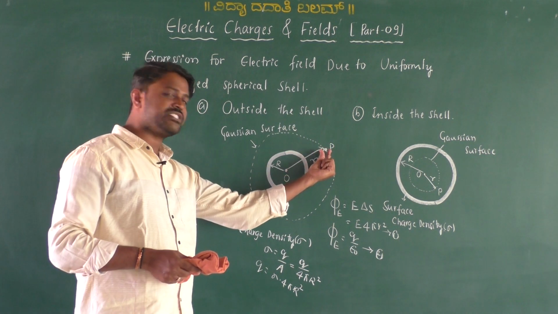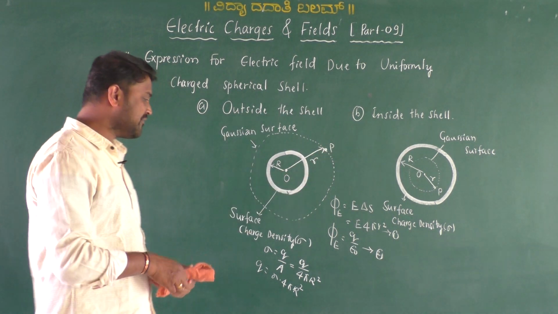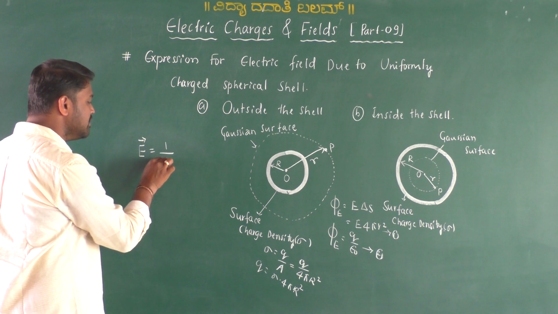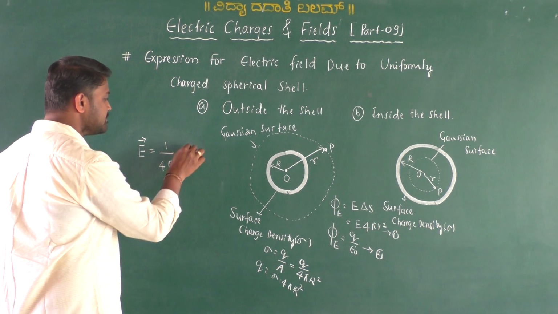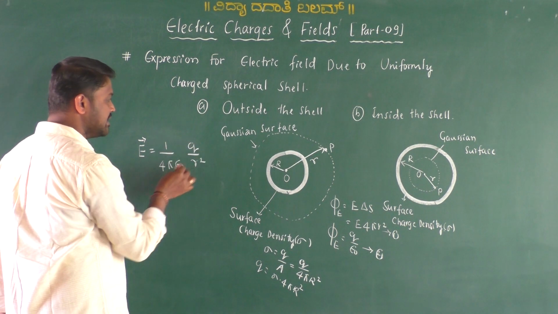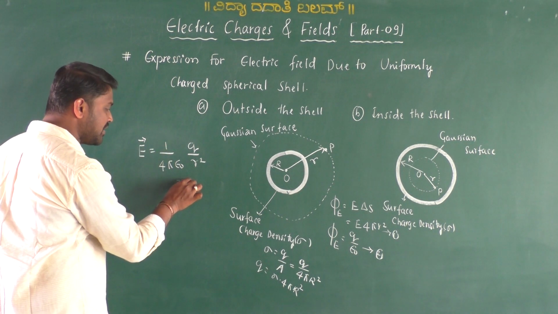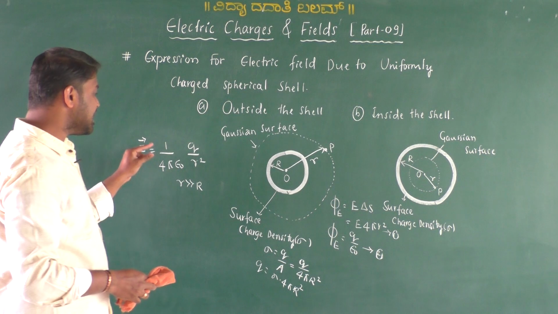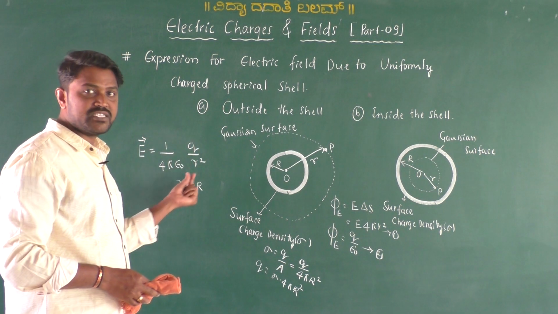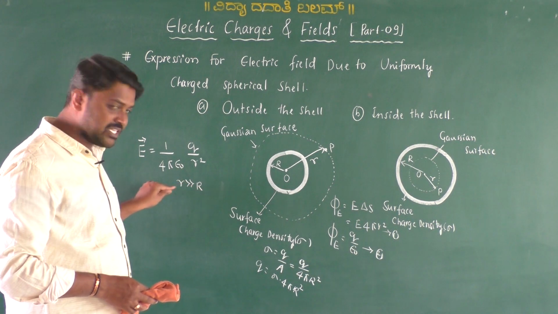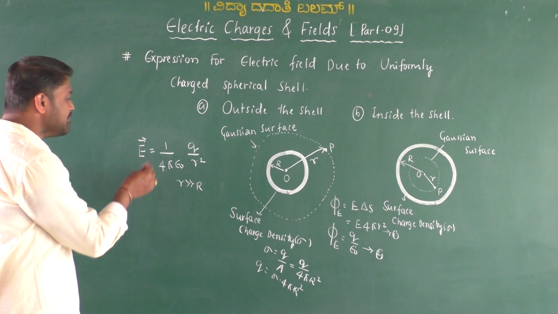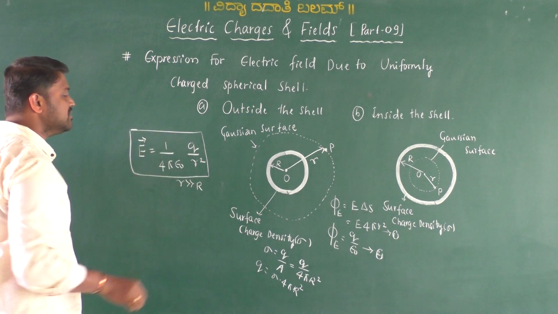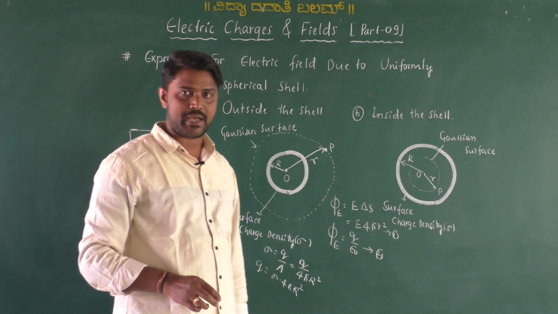Here also there is a point charge, so the electric field is constant everywhere. Therefore, the electric field due to a point charge equals 1 upon 4 pi epsilon naught Q by R square. The condition is that small r is much greater than capital R. With the help of this relation we come to know that the electric field outside the shell becomes 1 upon 4 pi epsilon naught Q by R square.